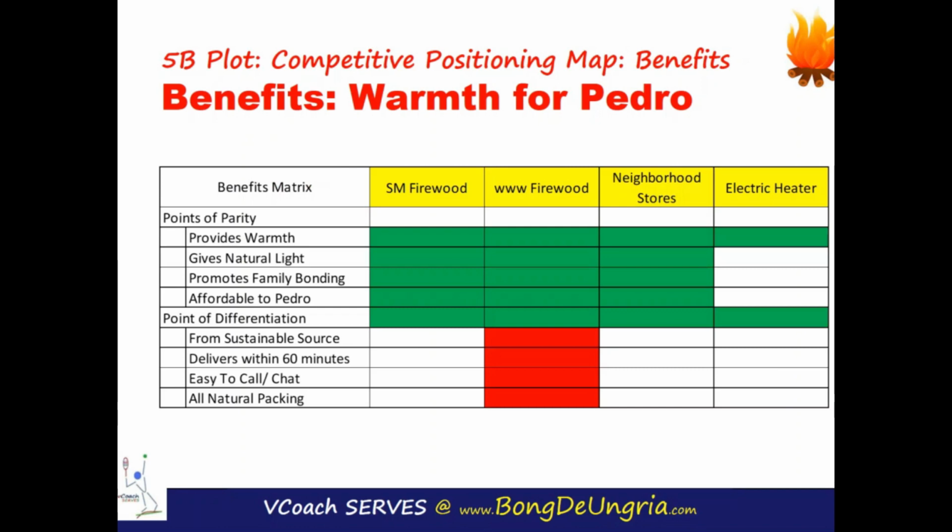For firewood, plotting this shows that there are points of parity that are shared by the four key competitors: SM Firewood, Firewood WWW, those which the neighborhood store supplies, and the electric heater. The first batch of benefits are commonly shared by most of these choices. They all provide warmth. Three of the four give natural light and promote family bonding.